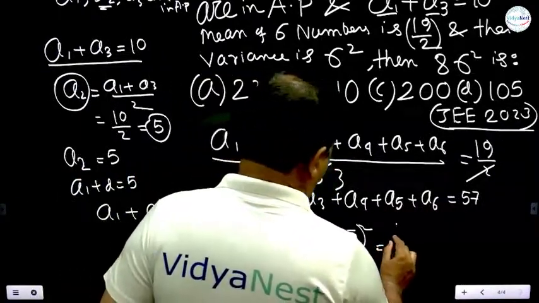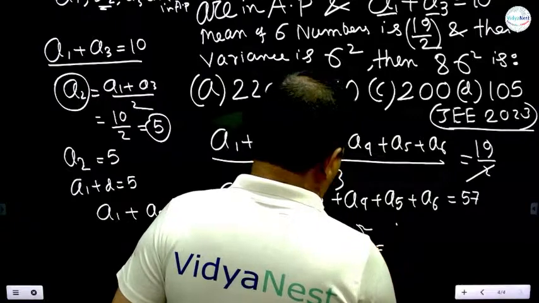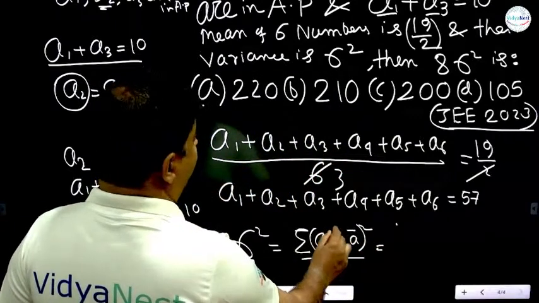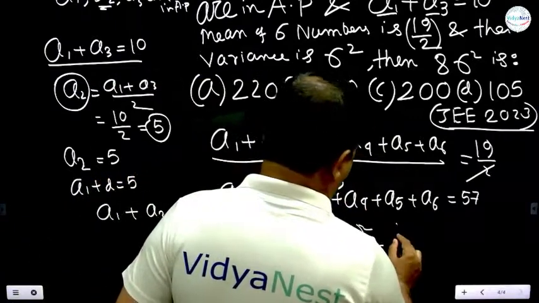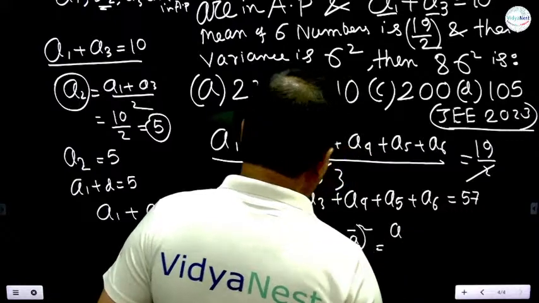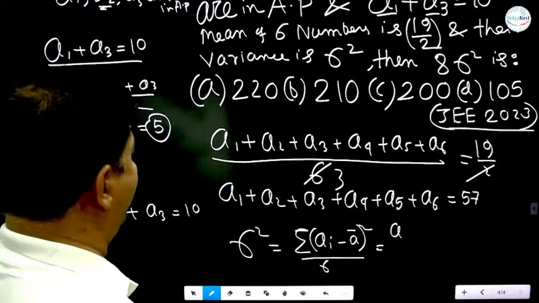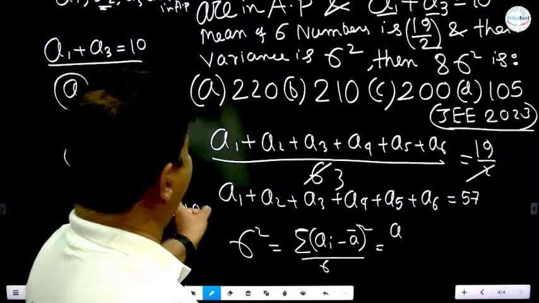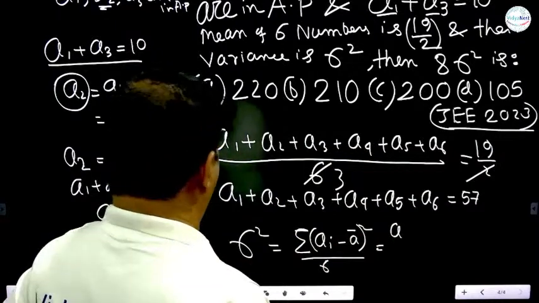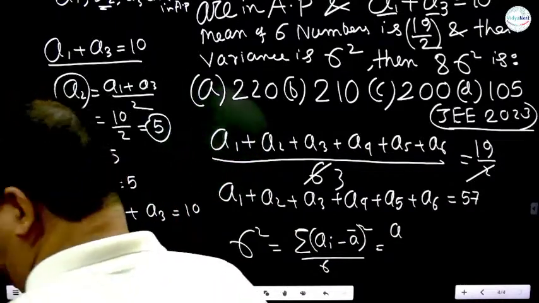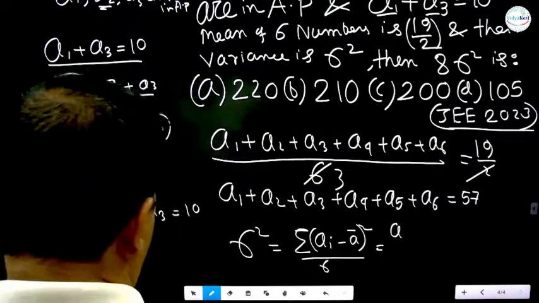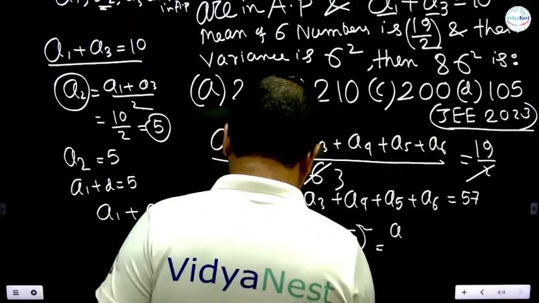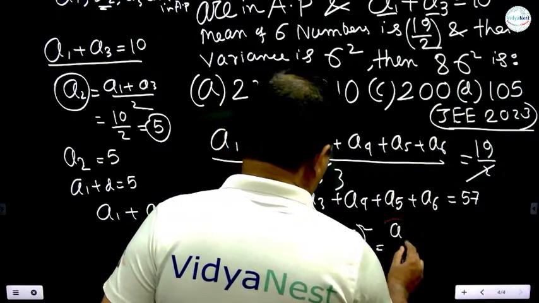Now this is sigma's value. A bar is given 19 by 2. So I have to find the sum of squares of these numbers. That is the main issue. Just 1 minute. See, अभी तक इसका जरूरत नहीं हुआ.